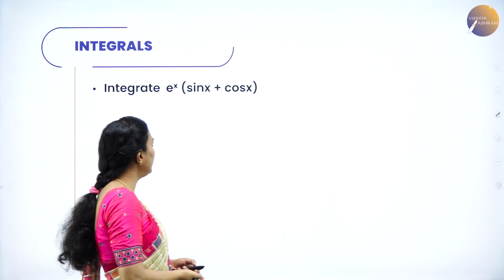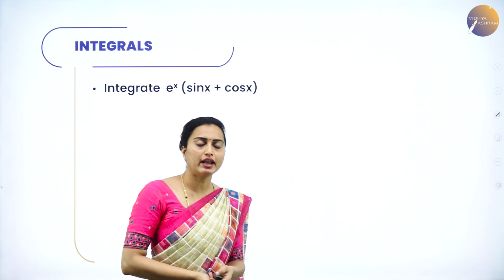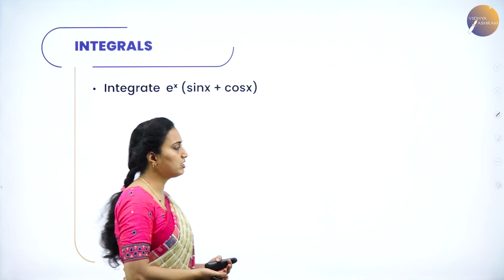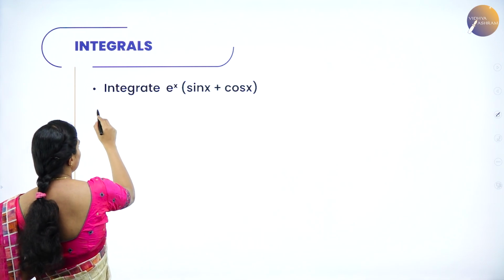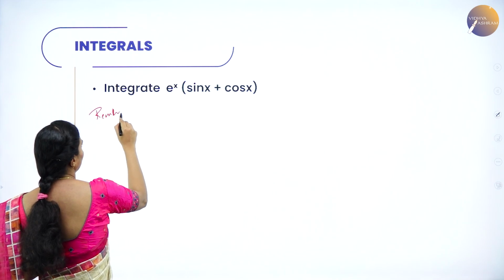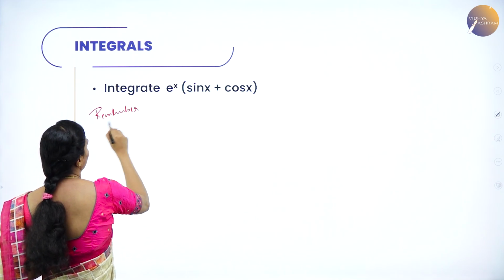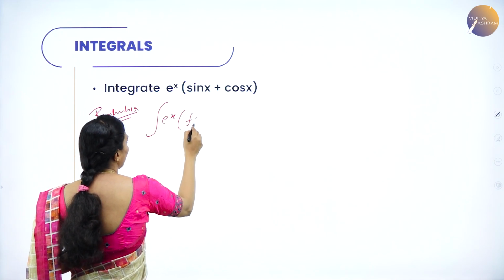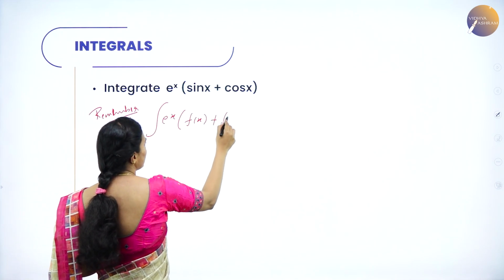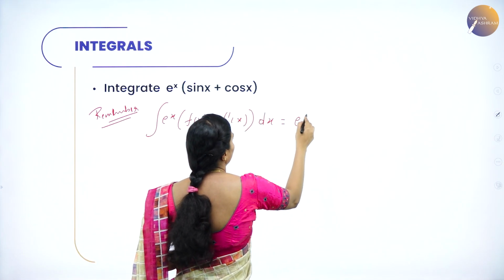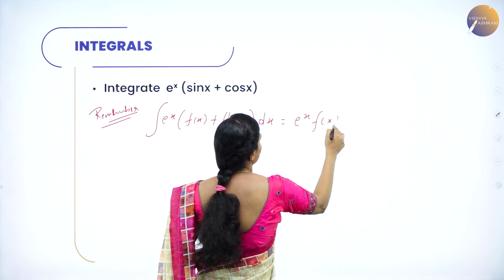What they've asked: integrate e power x into sin x plus cos x. Dear students, it is of the form like this. Remember this one. Integral of e power x into f of x plus f dash of x is nothing but e power x into f of x plus c.